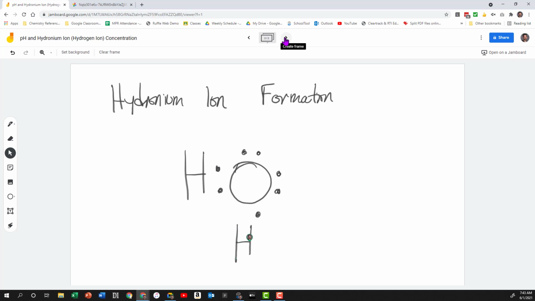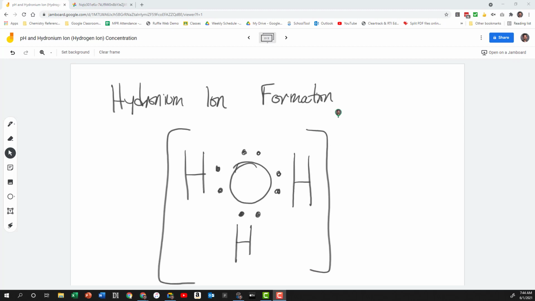This is stable because both hydrogen atoms have 2 valence electrons, and the oxygen has 8 valence electrons. So this is nice and stable. However, let's bring a hydrogen, just a proton, it doesn't come with an electron at all, and put it right next to it. Because that was a proton that came to this, it gives the entire structure a positive charge, and that's the hydronium ion.